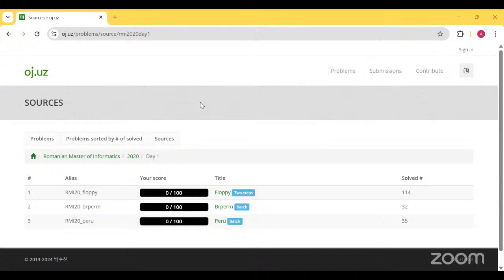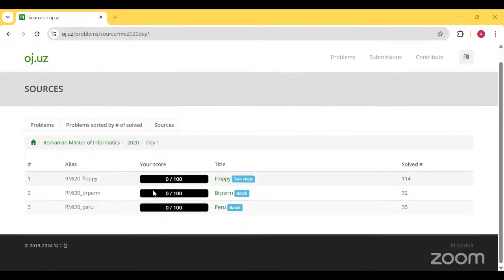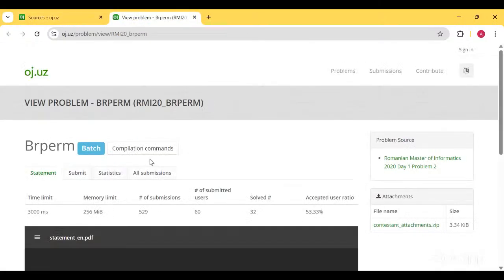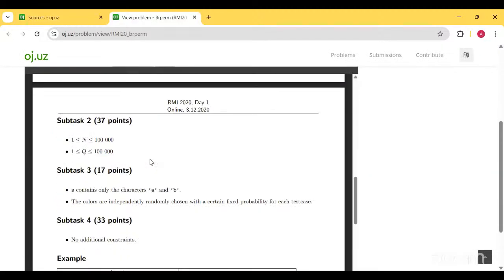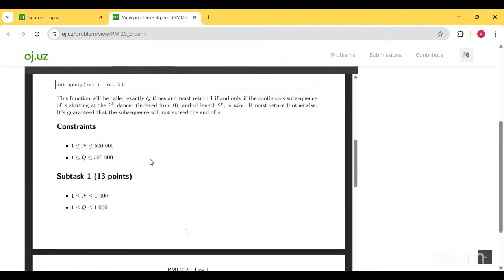Okay, interesting. So in the problem statement, it was mentioned that s plus 2 power k will not exceed the length of the string, but in the test cases it was exceeding. So my code was getting runtime error. But when I resubmitted that, I got 50.